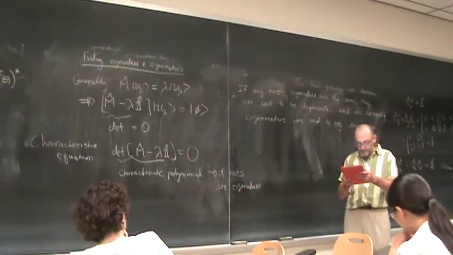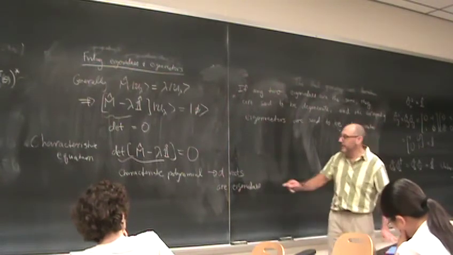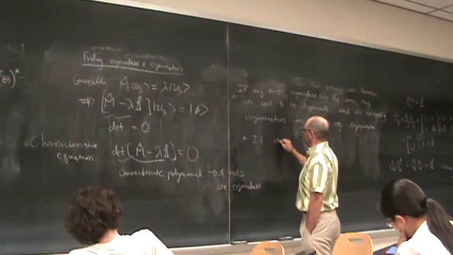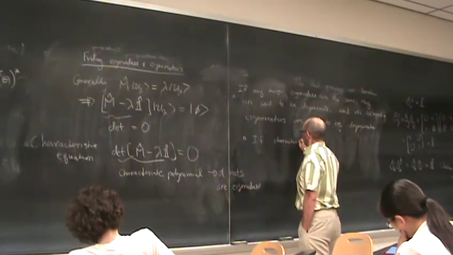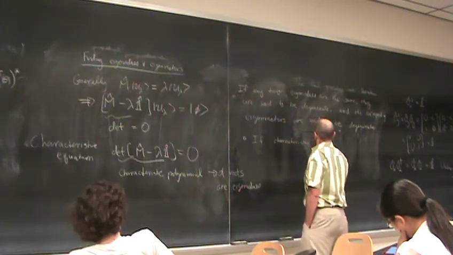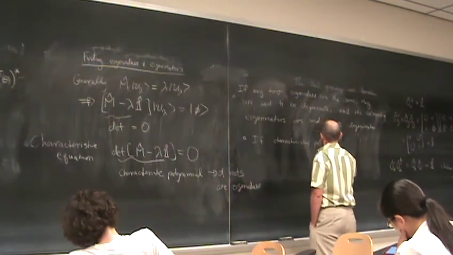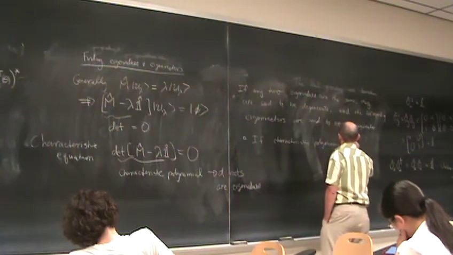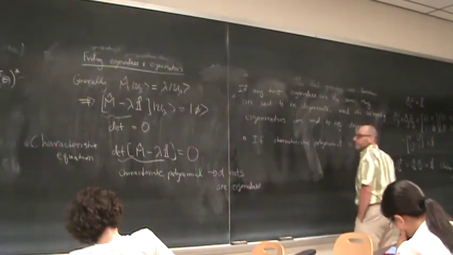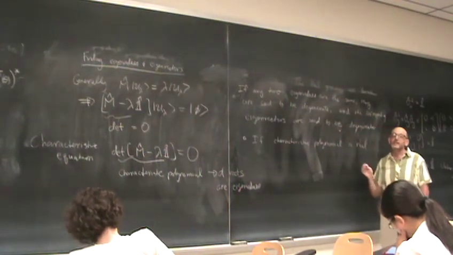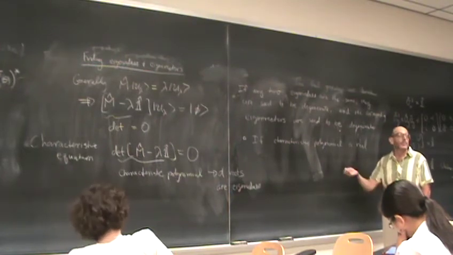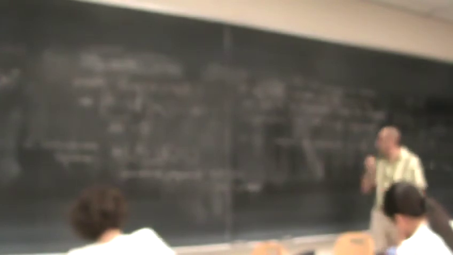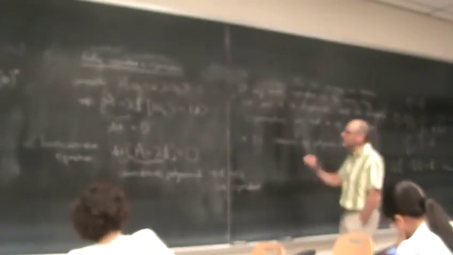If this characteristic polynomial is real, which doesn't have to be, because we might be looking at unitary matrices, then what can you tell me about the roots?